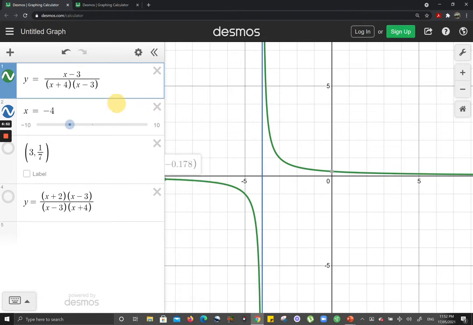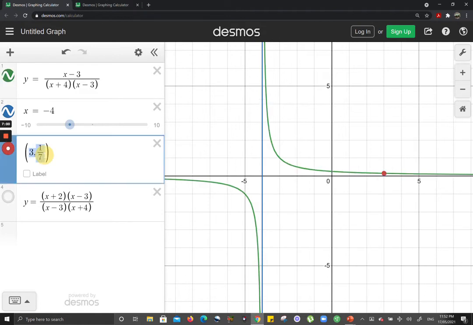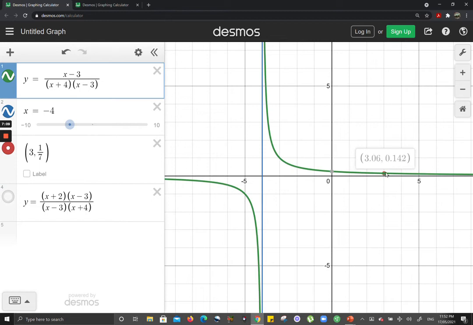Well, we did the work, and I have prepared the coordinate (3, 1/7), which was the result of our work a while ago. And that is where your hole is. It's just difficult to locate.